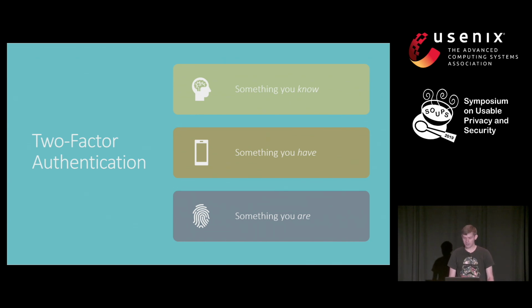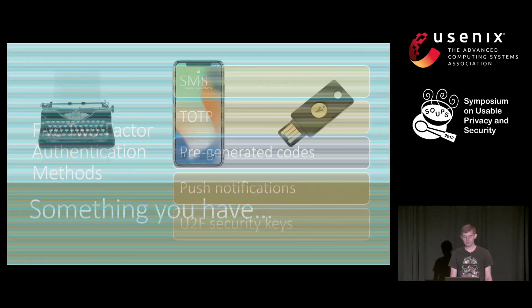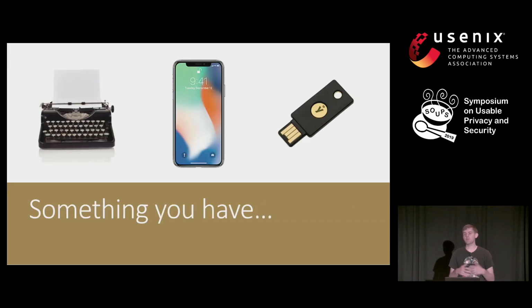In particular, the 5 two-factor authentication methods that we studied were the SMS message, TOTP, or the time-based one-time password, pre-generated codes, push notifications, and the U2F security keys. Each of these 5 are among the most common second factors, and they all fall into the something you have category.